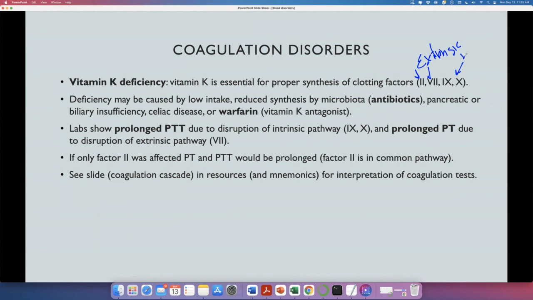Factor 9 belongs to the intrinsic, and factors 2 and 10 belong to the common pathway. So vitamin K deficiency is going to affect everything.